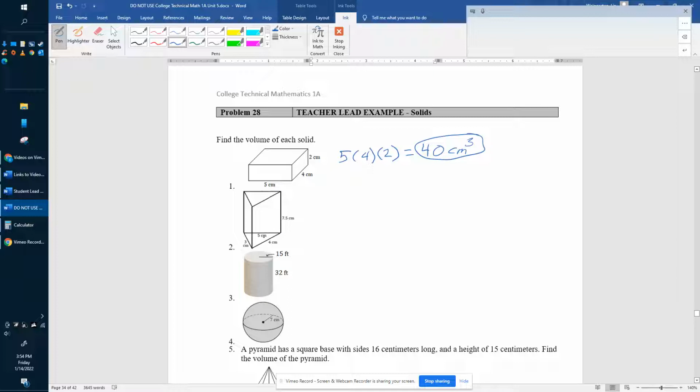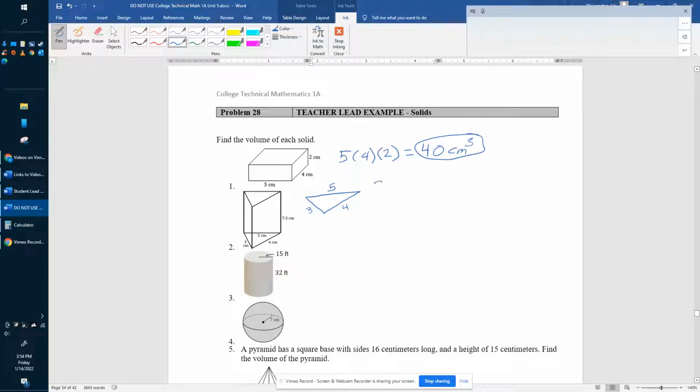How about this triangular prism? So we have the base looks like this. Now, why don't we start off by seeing if maybe this is a right triangle? If it's a right triangle, then we'll know the height.